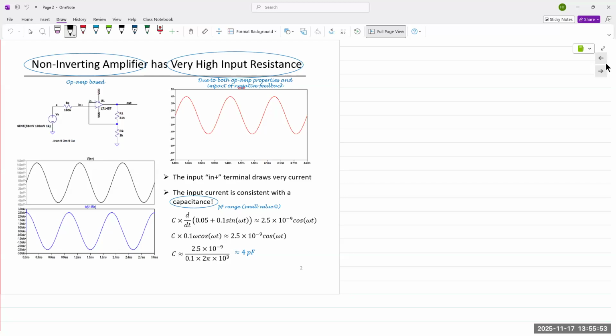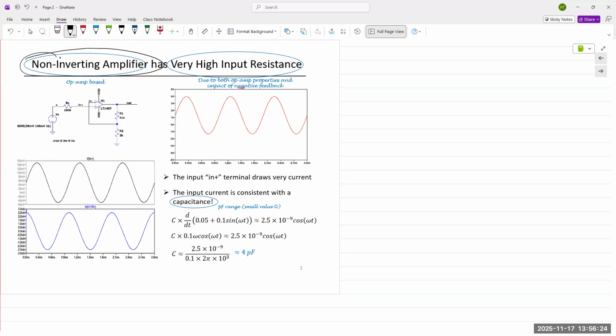Again, in general, we say that an op amp has infinite or very high open loop gain, high input resistance, and low output resistance. But here we are talking about the circuit that is created using the op amp, the non-inverting amplifier, not the op amp itself. The non-inverting amplifier also has very high input resistance.